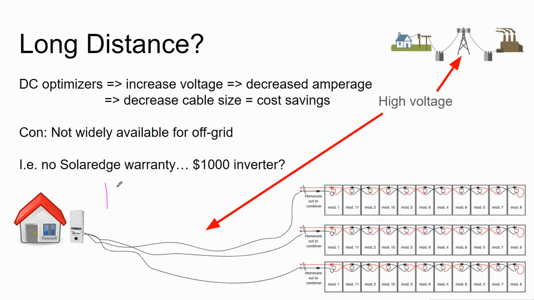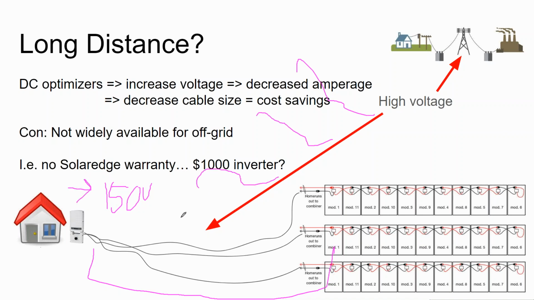We couldn't do a 150 volt circuit over a long distance because of voltage drop. The longer you go, the more efficiency is going to come off of that. And if you start at 150 volts and you go a long distance, you might end at 100 volts, and that's not enough to get your charge controller to work efficiently.